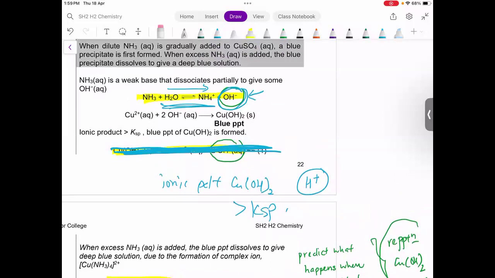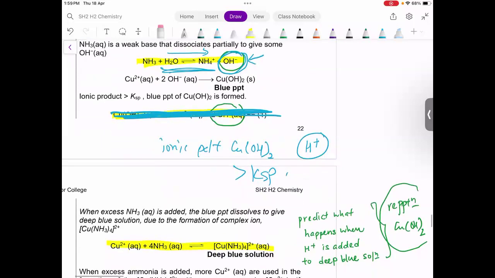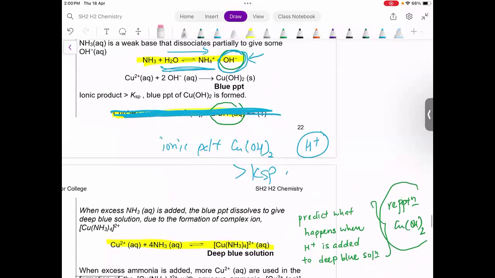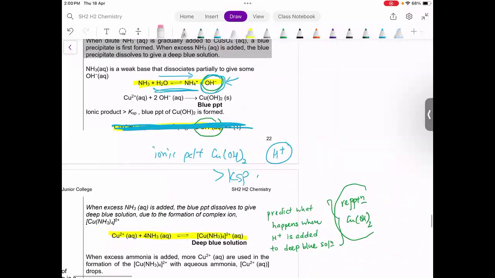Okay, can you discuss with each other what's happening? This is microscopically what's happening in your test tube. Microscopically.